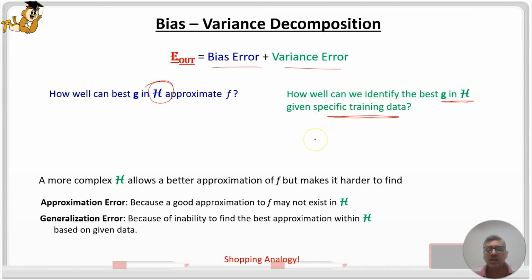So variance error happens even in circumstances where your H had complex enough functions, but purely because you were given specific training data, you ended up with a function that is not exactly identical to the target function that you were seeking, right? So that's the shopping analogy, and that's what bias and variance mean at a high level.